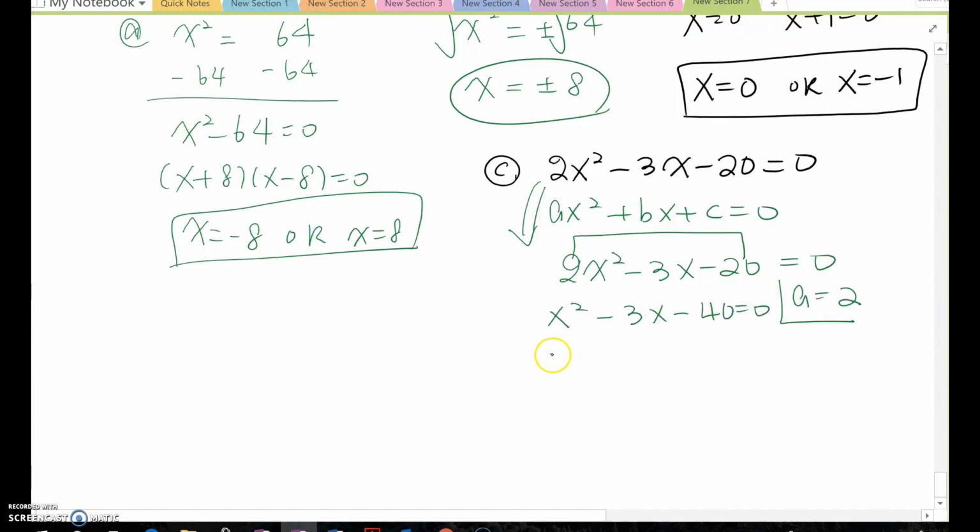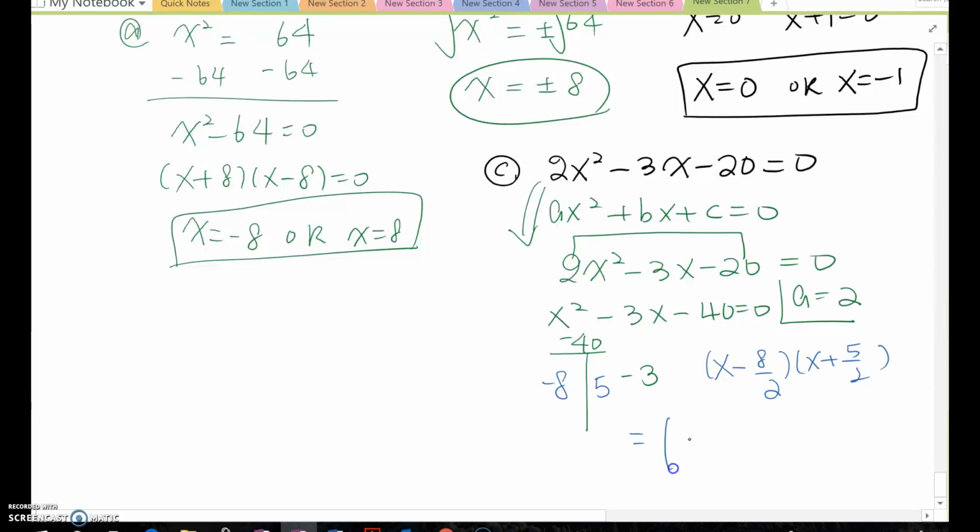So find two numbers whose product is negative 40 and whose sum is negative 3. Can you find them? Yes, they are negative 8 and positive 5, right? So you can open two parentheses. You fill in x minus 8 over 2 and x plus 5 over 2.